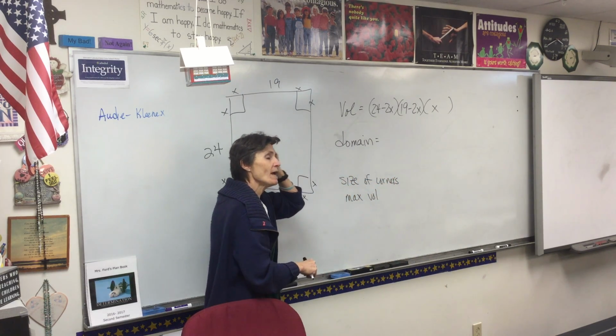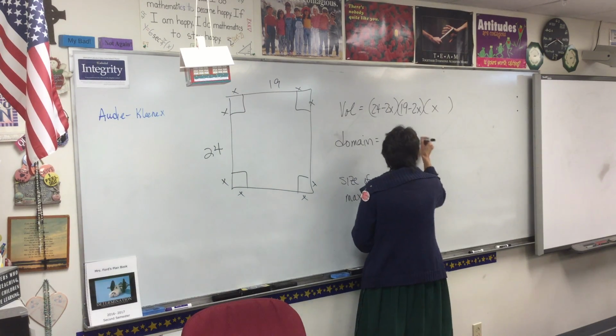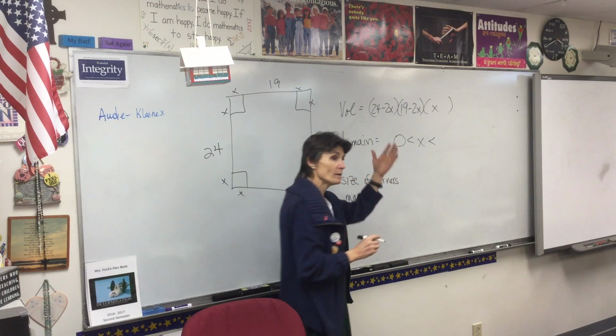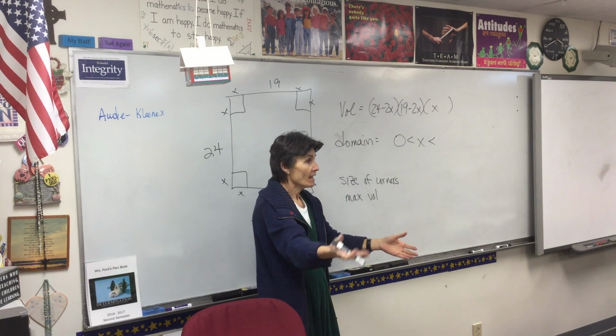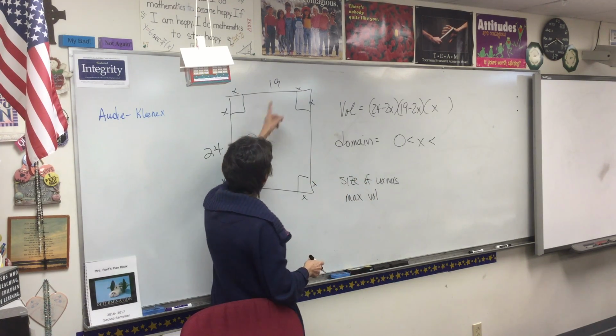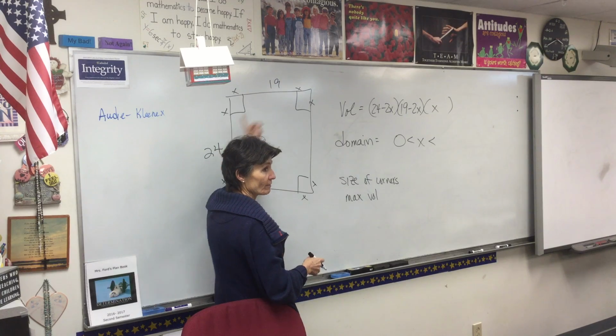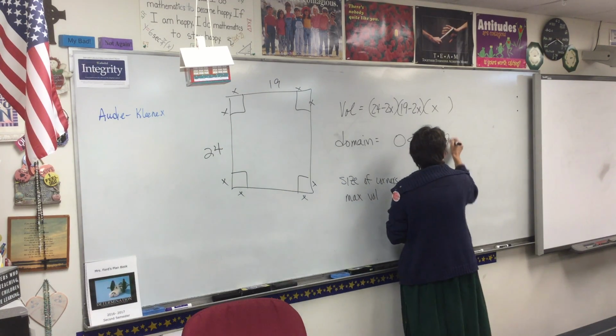Now, what's the domain? Well, the domain is always x between 0 and something. And the something is always half of the smaller of these. So 19, half of 19, 9.5.